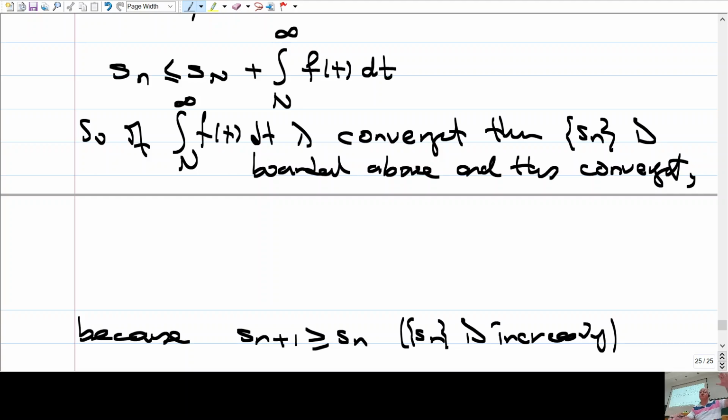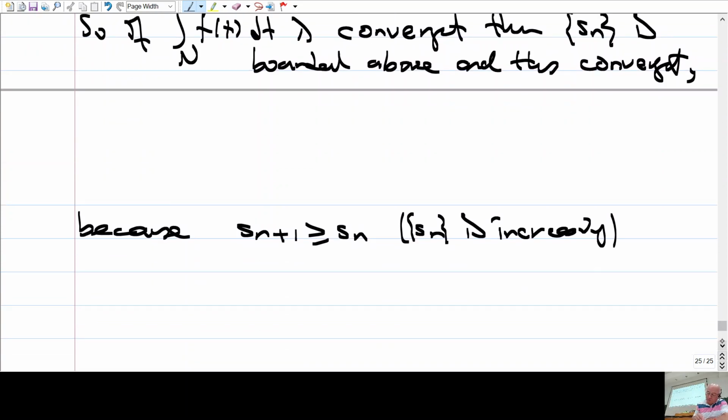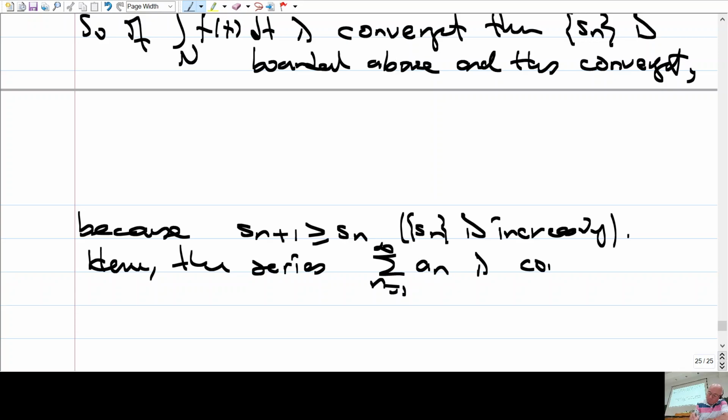If it is bounded from above, then it has to be convergent. And if it is convergent, then the series is convergent. Hence, the series is convergent.